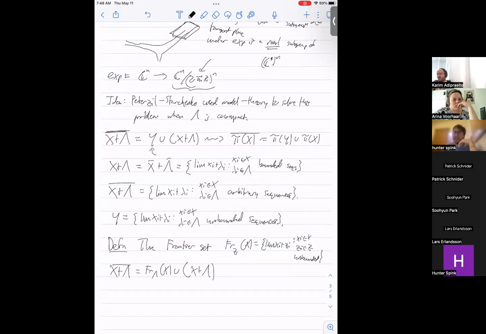And just so I can make it a little more clear that this frontier set is doing what I'm saying, let me note that the image of this frontier set is literally the big intersection of all things you get by taking pi of X minus a big ball.